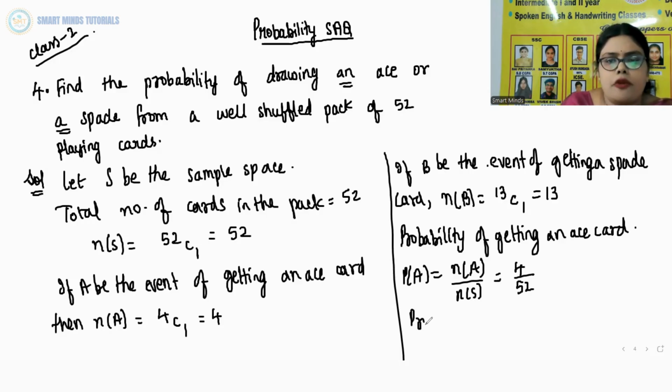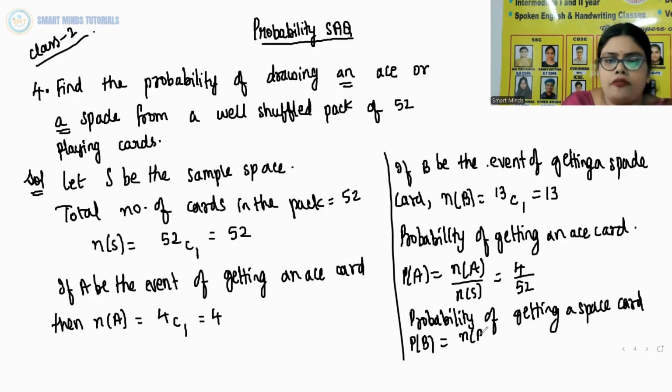And what is the probability of getting a spade card? P of B is equal to N of B by N of S. How many spades are there? 13 by 52.